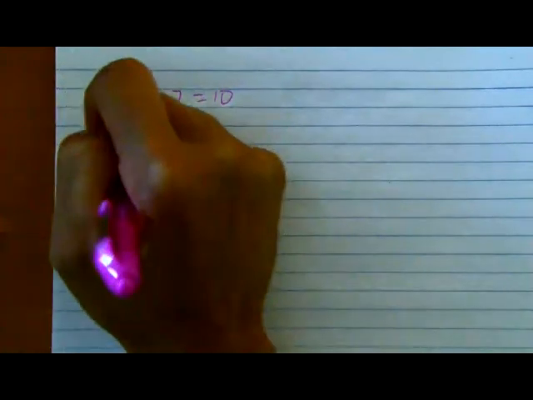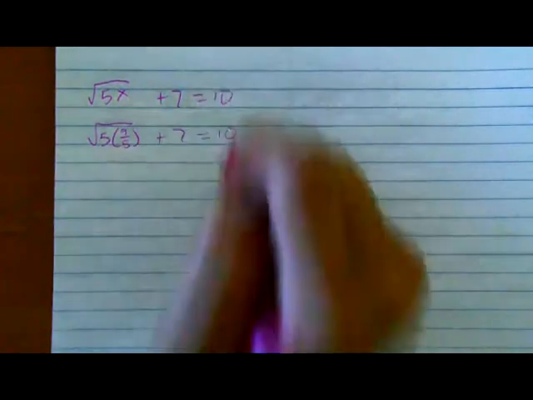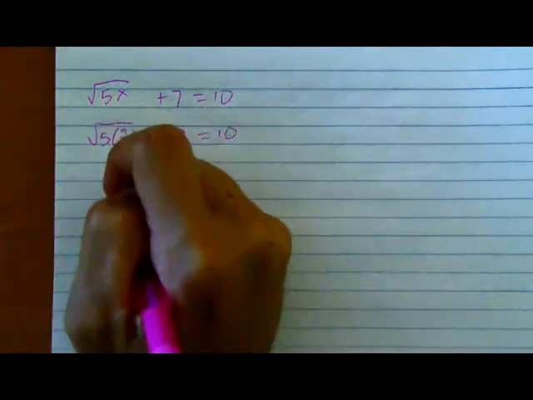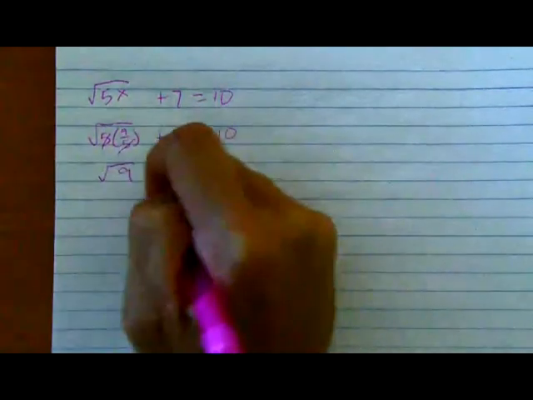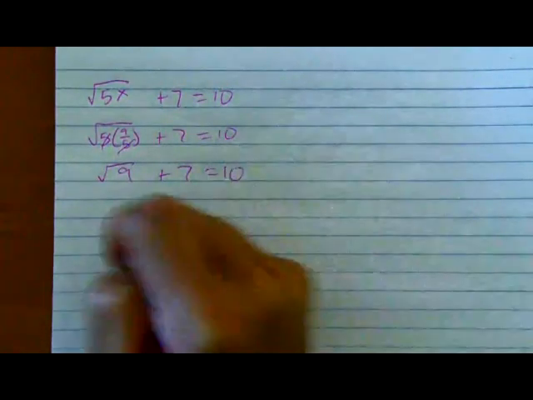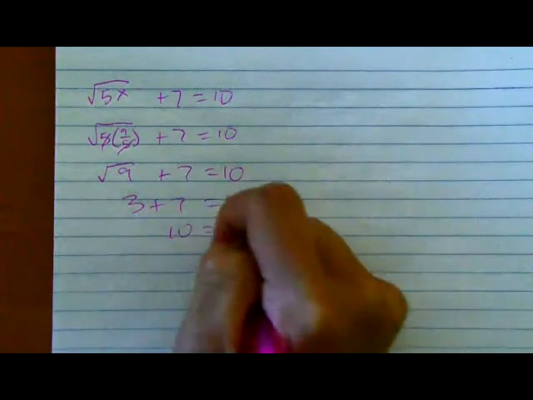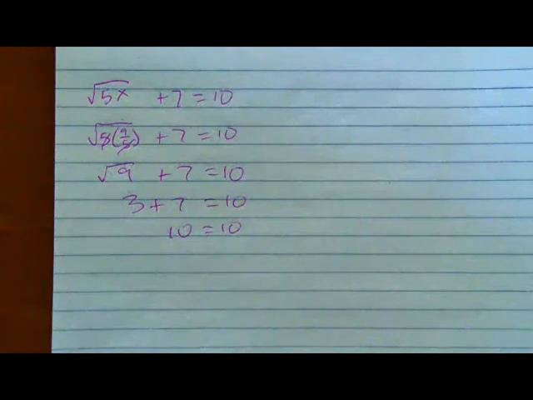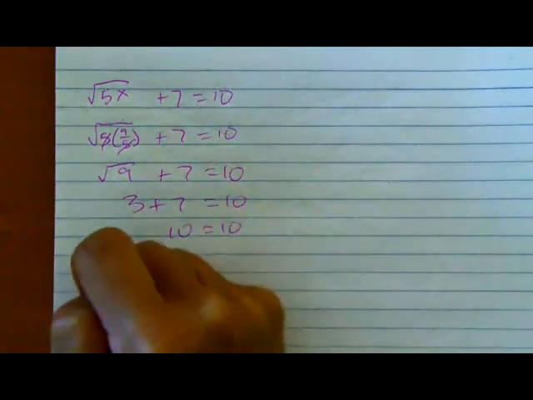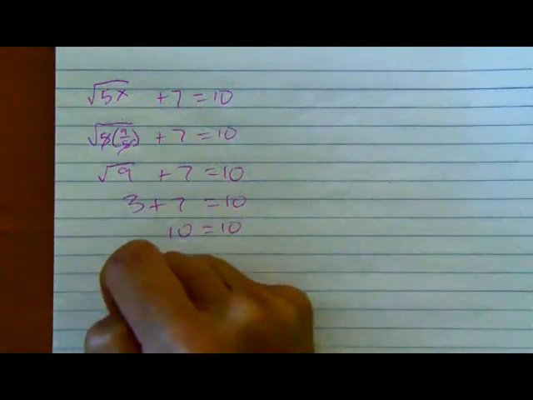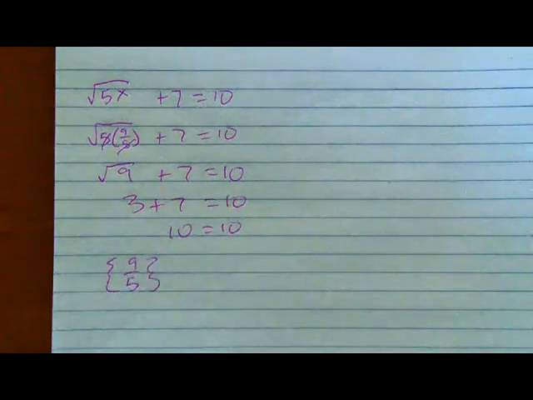So 5 times 9/5 plus 7 equals 10. The 5's cancel. So square root of 9 plus 7. That's 3 plus 7, which is 10. Again, we have a true statement. So it is a solution. We write our answer in set notation.